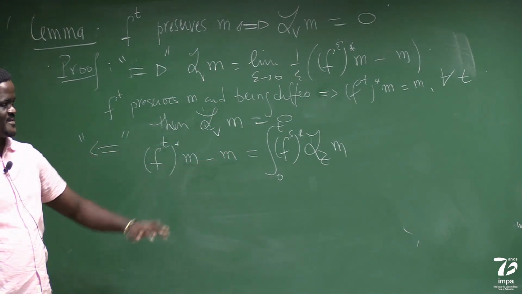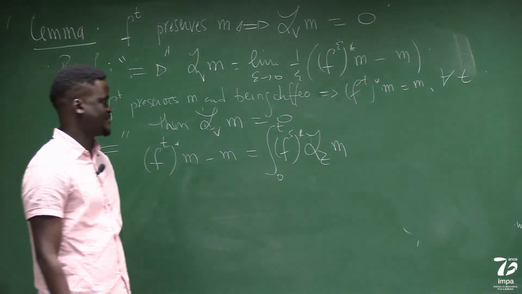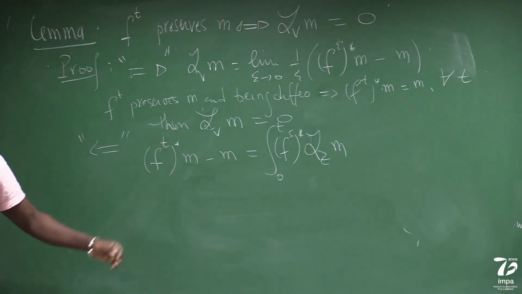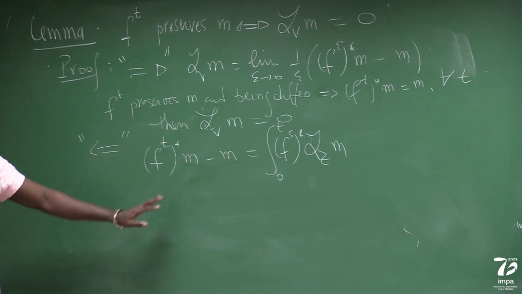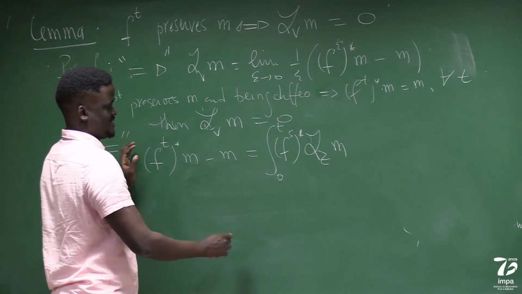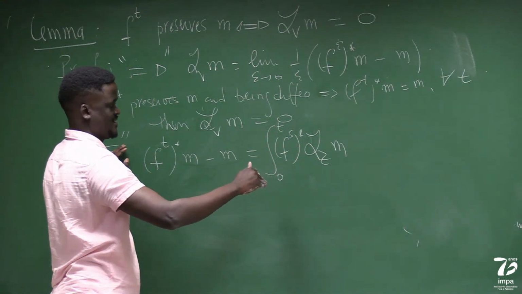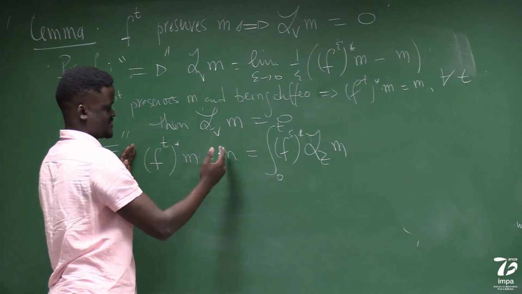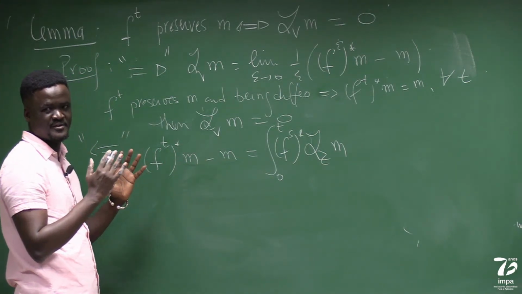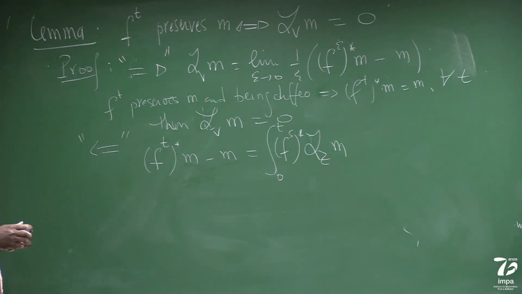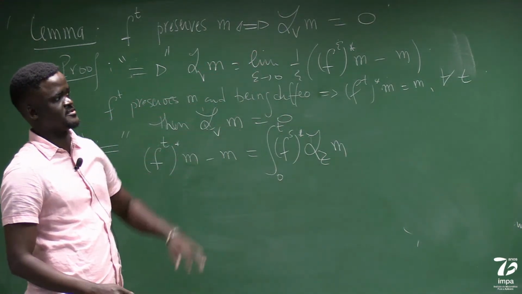This is just a type of fundamental theorem of calculus for differential forms, because this is a derivative, and this is the function at t minus the function at 0. But if you don't know it, it's not a problem. I just want to add this part to the course, which is not in the book, because it gives another way to characterize invariant measures.